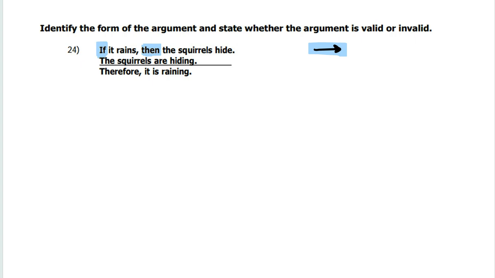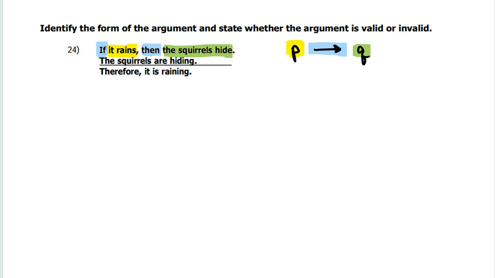If it rains is represented by the letter P, and the squirrels hide is a Q. So if P, then Q. If it rains, then the squirrels hide. That's my first premise.